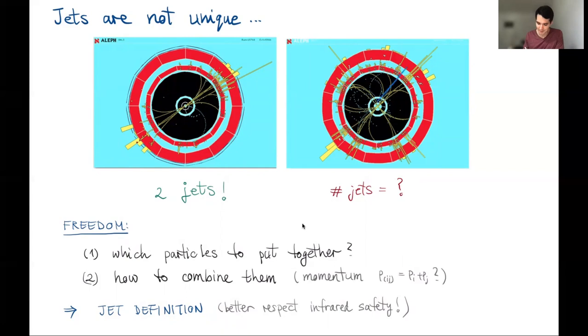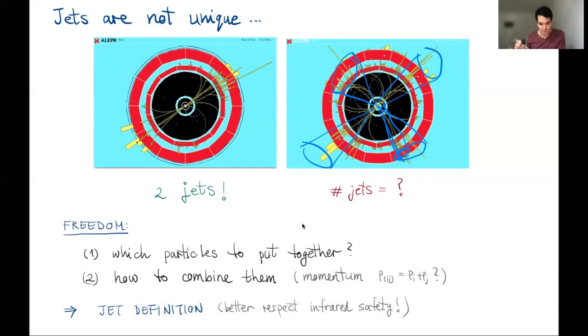You could say, okay, maybe this is a jet that I want. Here, this looks like a jet. This looks like maybe a rather low pT jet. Here it becomes a little bit more delicate. Is this a jet, or is this actually one big jet? So as you can see, there are a lot of different ways of trying to identify jets, even by eye.